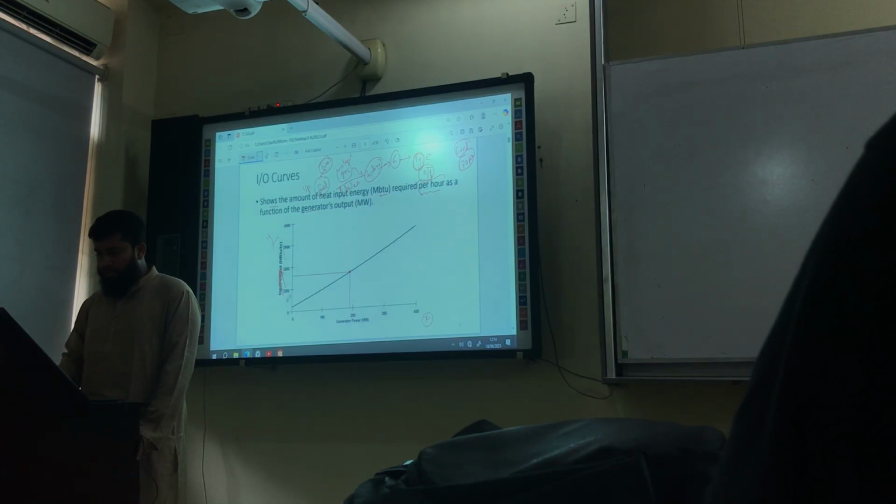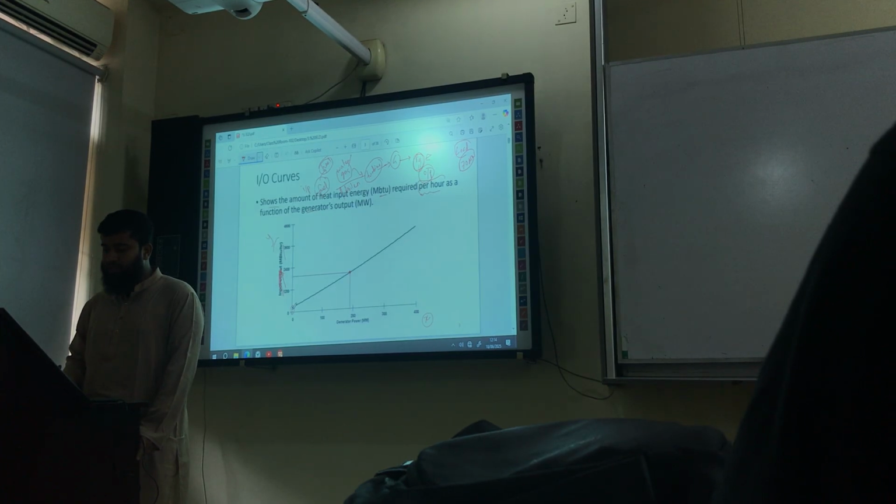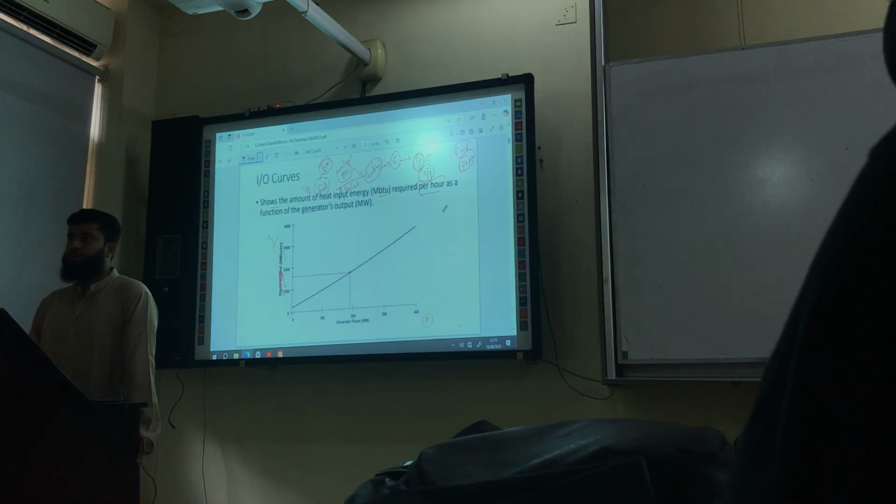Now you can see that whenever the generator power in megawatt is 0, you are still getting some amount of heat needed, right? Can you say why we get this? Why does this curve not start from 0? Yeah, exactly, because we have some preheating steps.